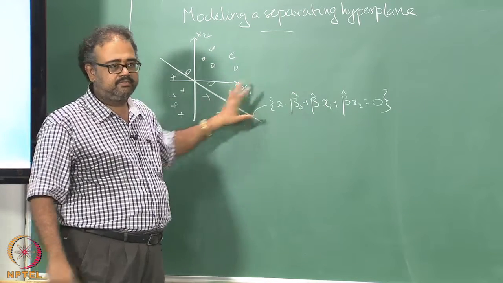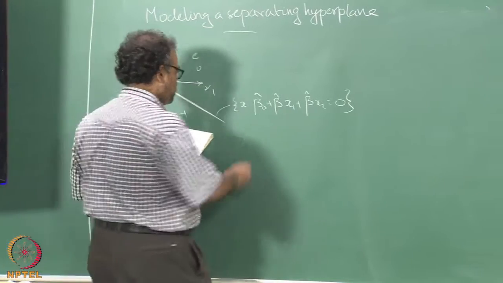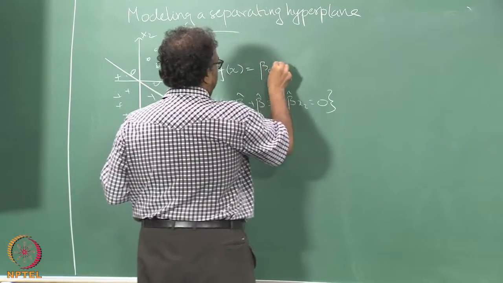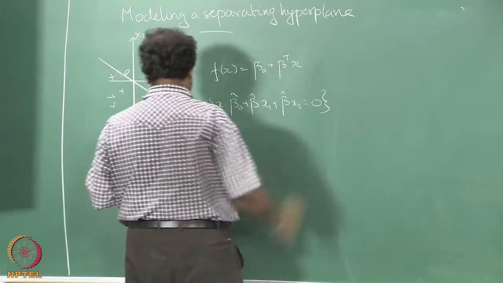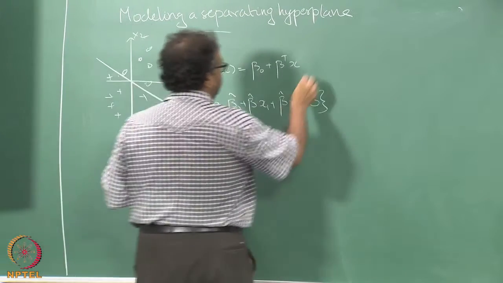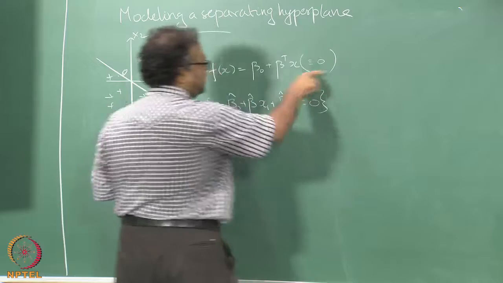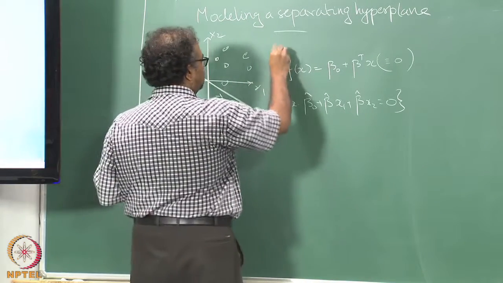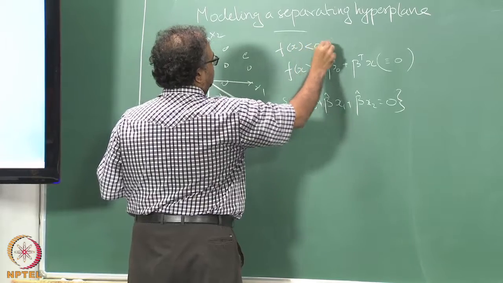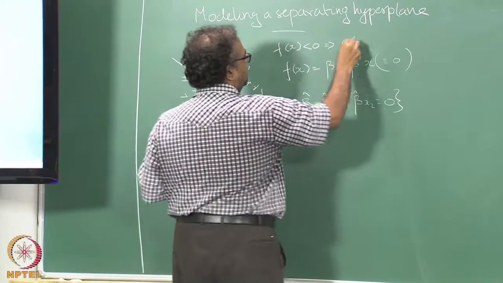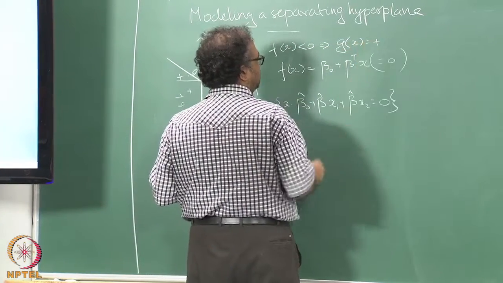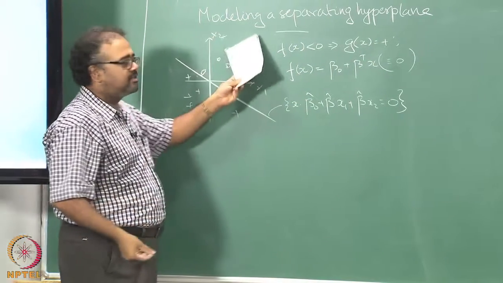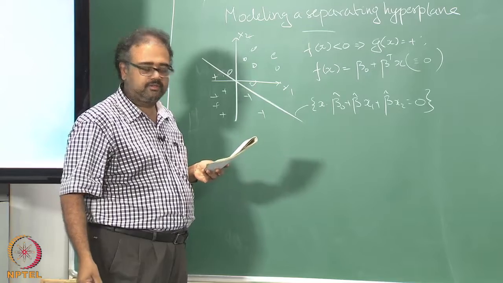Okay, so this is a definition of a separating hyperplane. So I am going to call f of x equal to this. That defines our hyperplane. If we equate f of x to 0, that defines our hyperplane, and if f of x is greater than 0, it implies that we are on one side.